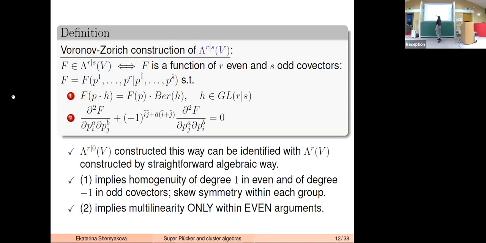And the second condition is just a system of differential equations. That's what we're going to use. Okay, so the thing about these functions F is the following: they are defined very abstractly.